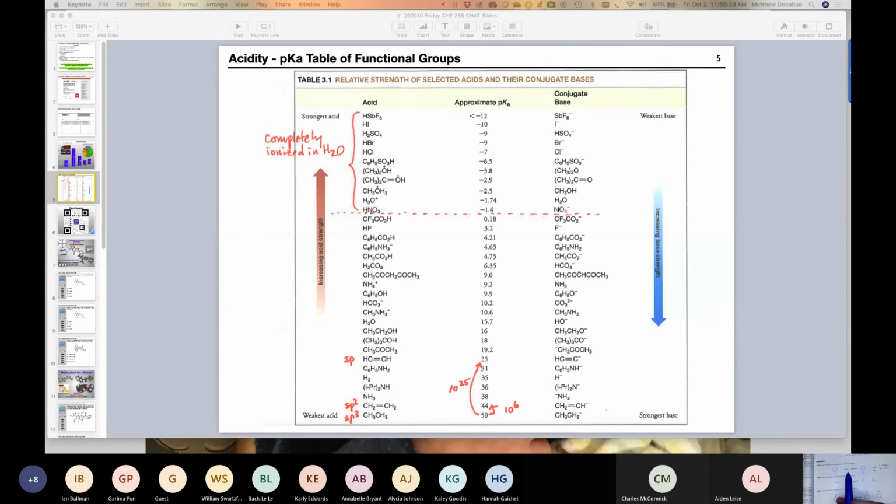So Aiden and James say 1 is the base, 2 is the acid. Now on the product side, which one's the acid, which one's the base? So you're looking at 3 and 4.